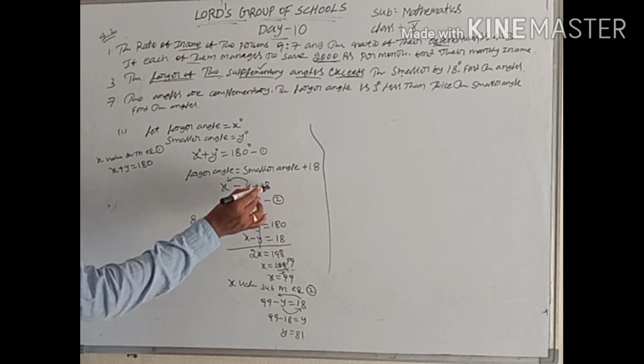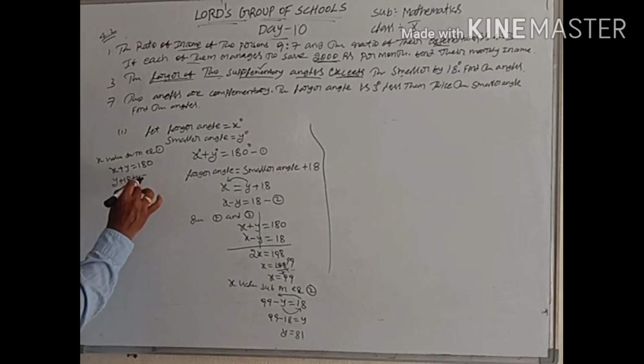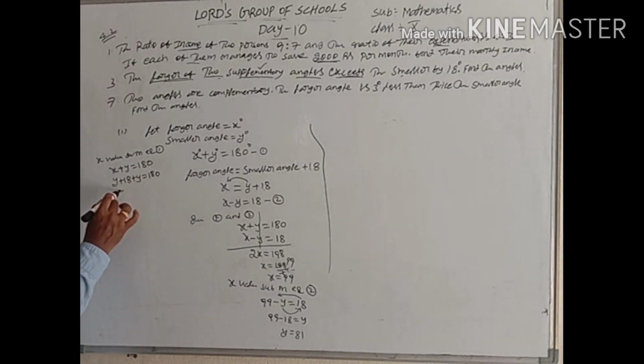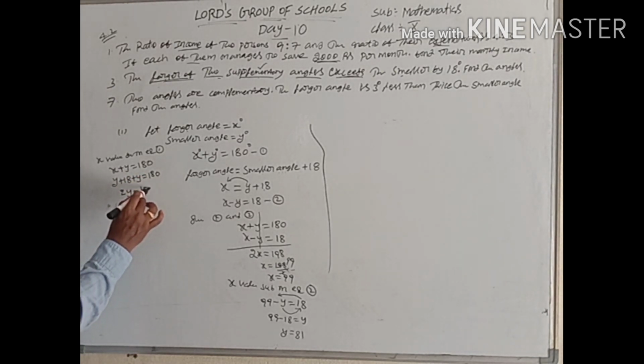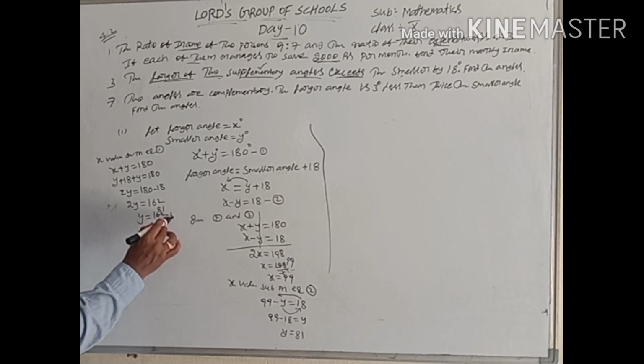In place of x, you know y plus 18 plus y is equal to 180 degrees. 2y is equal to 180 minus 18, subtraction 162. Now y is equal to 162 by 2, which is 81. Completed.